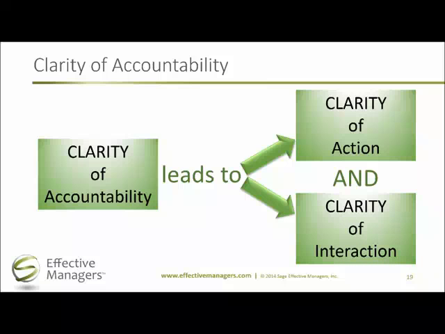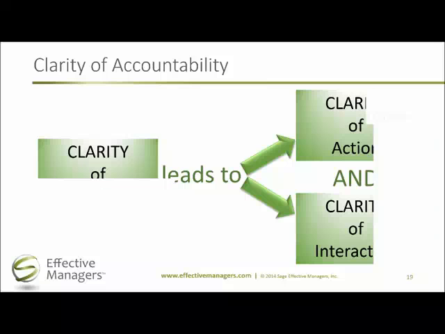It also adds to clarity of interaction, because if everyone is clear about their accountabilities and how their work relates to others, then how work flows across the organization can be greatly improved. In fact, this comes all the way back to the two examples that I gave you that are symptomatic: communications and silos.